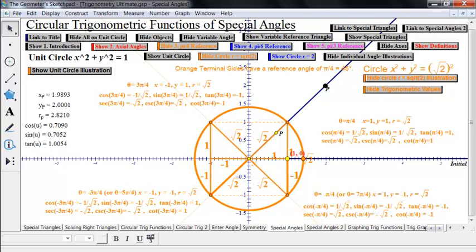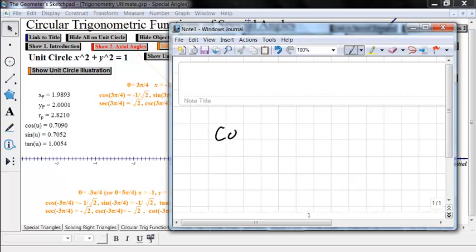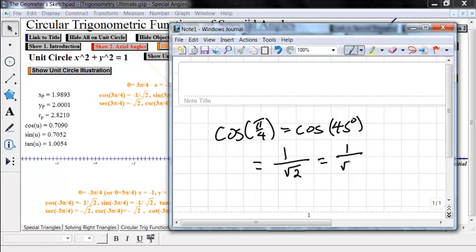Now notice I prefer to just leave it like that. So for example, the cosine of pi over 4, or if you did it in degrees, the cosine of 45 degrees was 1 over square root of 2. But some folks like to rationalize the denominator. So we could multiply the top and bottom by square root of 2, and the bottom, square root of 2 times square root of 2 is just 2, and of course 1 times square root of 2 is square root of 2.